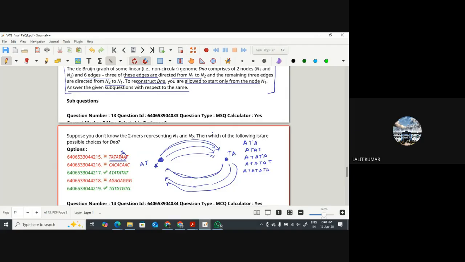And the last will become AT. So this is the correct answer. Similarly, if you take TG and GT, you will get this one. So all these double ones are incorrect. Is this okay with everyone? Yes. Okay.